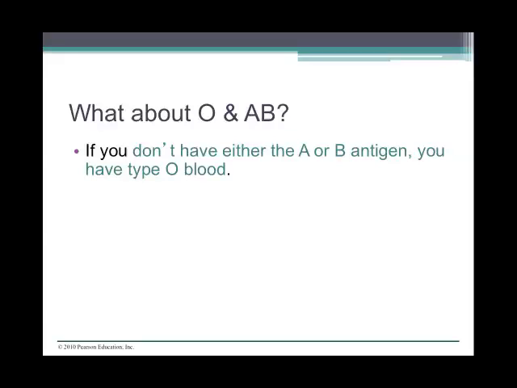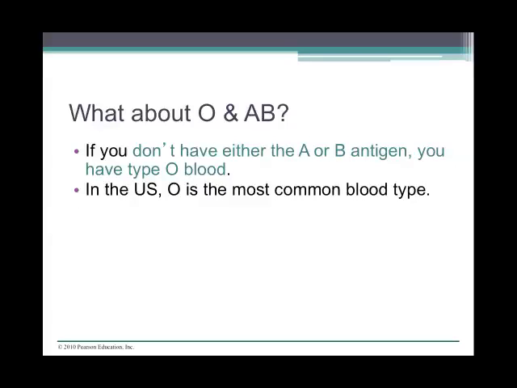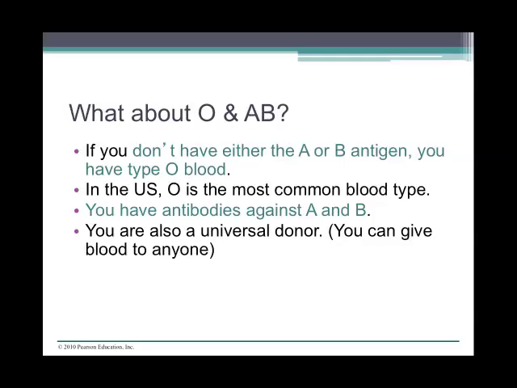So, if you don't have either the A or B antigen, you have type O blood. Go back and look at the picture from two pictures ago, and you can see what it looks like. I do have one more picture coming up. O is the most common blood type, and it has antibodies against A and B. And O is the universal donor.